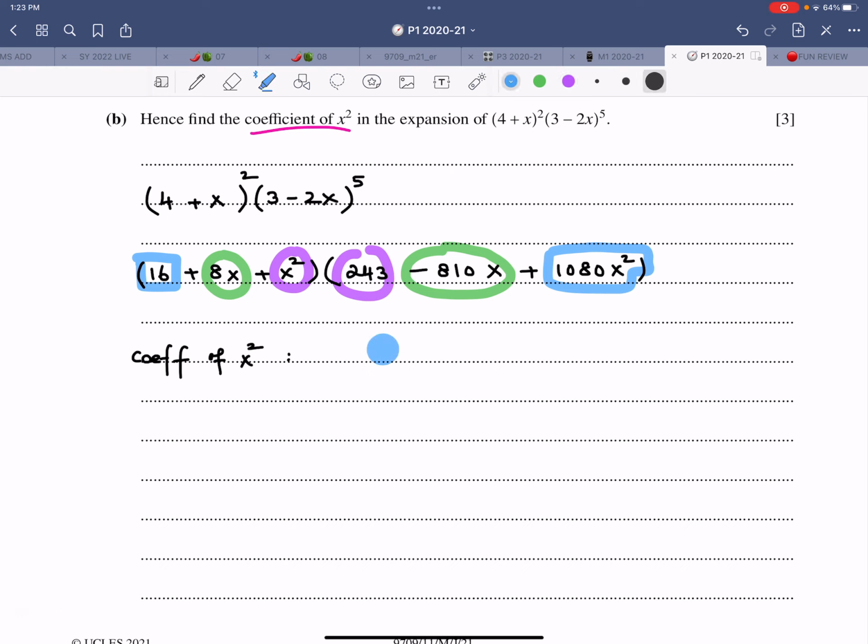The blue multiplies with the blue, the green with the green, and the purple with the purple. So we have 16 multiplied with 1080, a plus sign, 8 multiplied with negative 810, and now multiply 1 with 243. Add it all up, of course taking care of the negative sign, and that will be the overall coefficient of x square. So, a straightforward question of binomial.